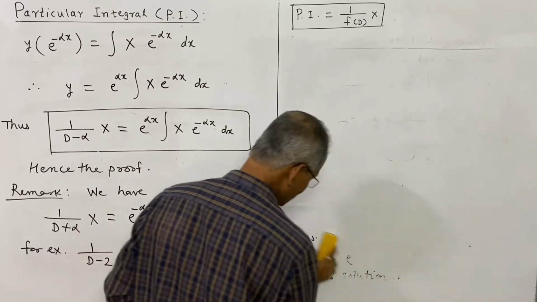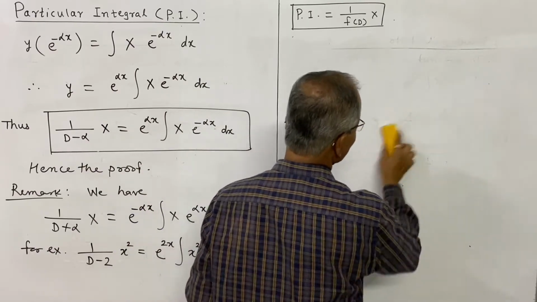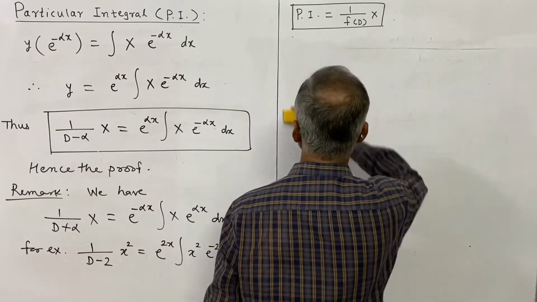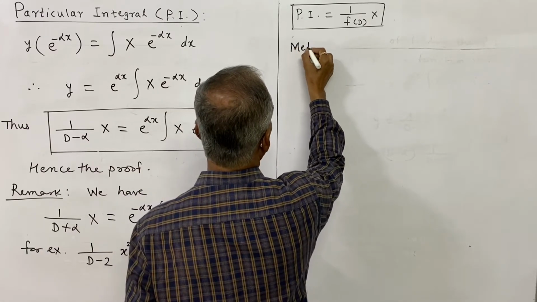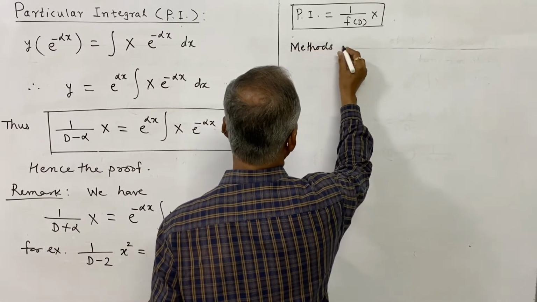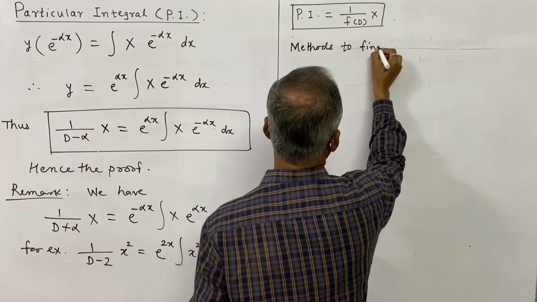There are two methods to use this formula. Methods to find PI using the general formula.